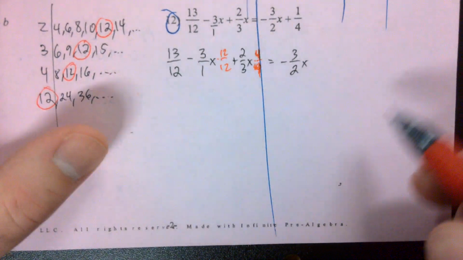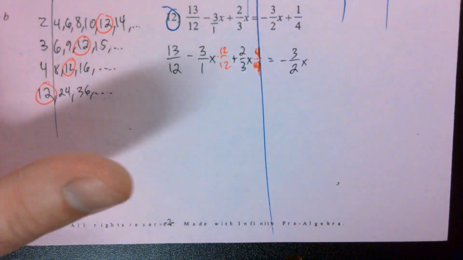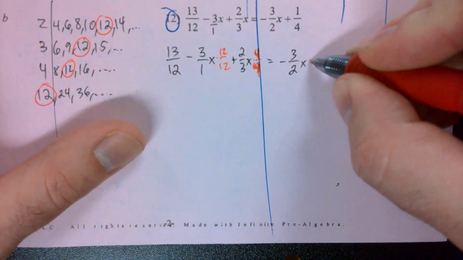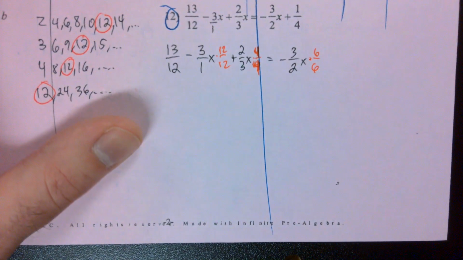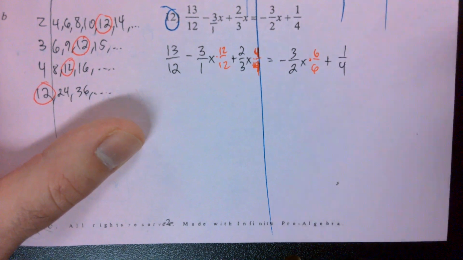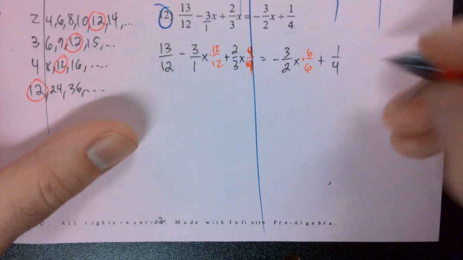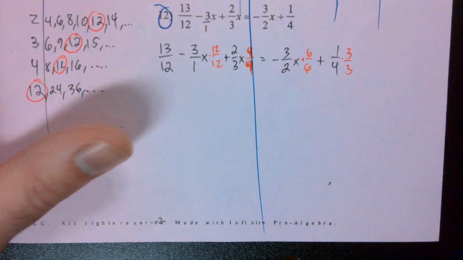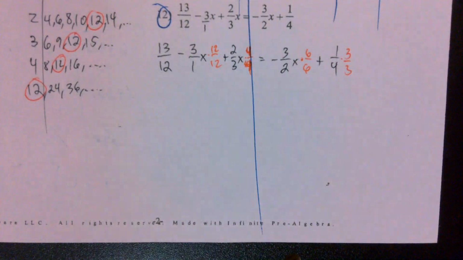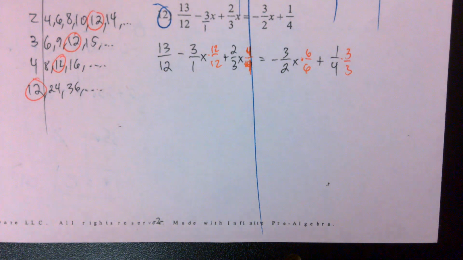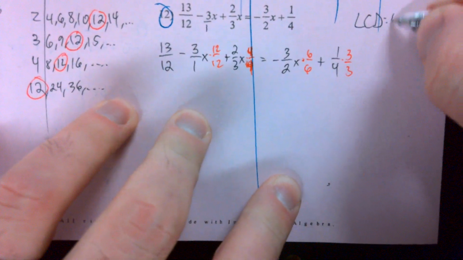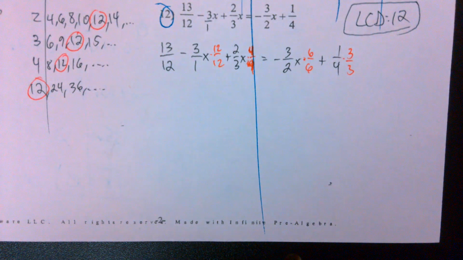What can I multiply 2 by to give me 12? 6. And what can I multiply 4 by to give me 12? 3. So we're going term by term, figuring out what my denominator is missing if I want that LCD of 12.